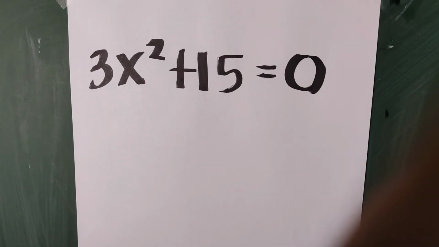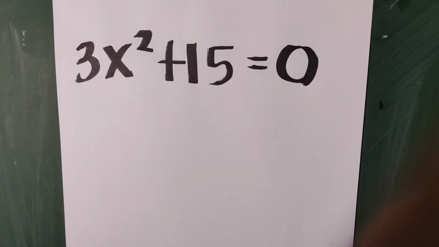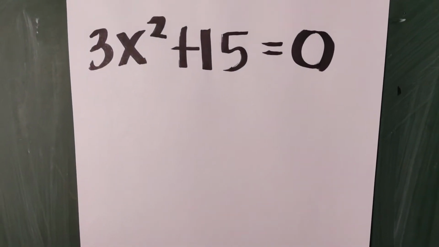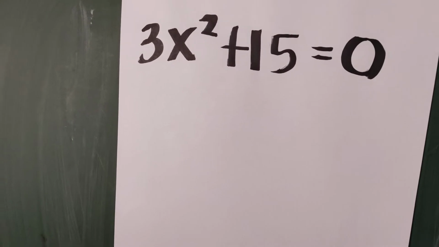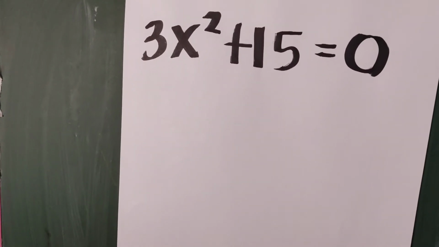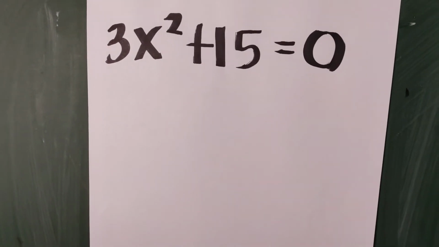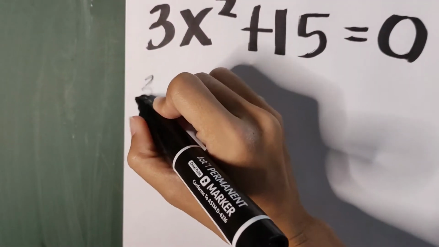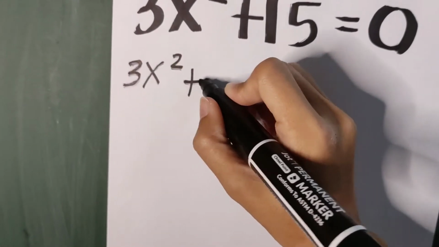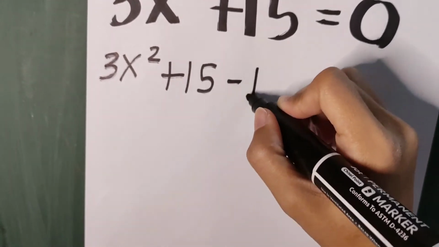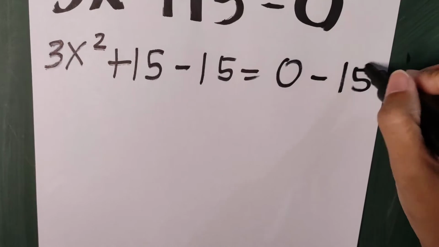Another example we have here is 3x squared plus 15 is equal to 0. Since we have said that our equation should be of the form x squared is equal to k, let us again apply the addition property of equality by adding negative 15 on both sides of the equation, which gives us 3x squared plus 15 minus 15 is equal to 0 minus 15.